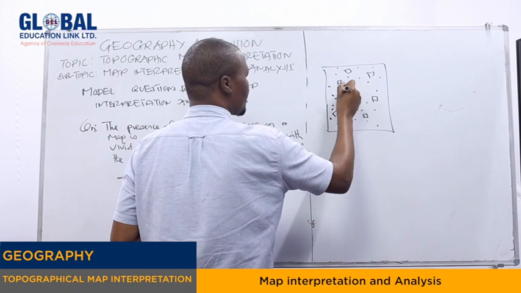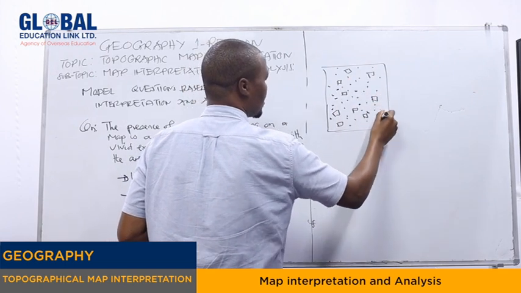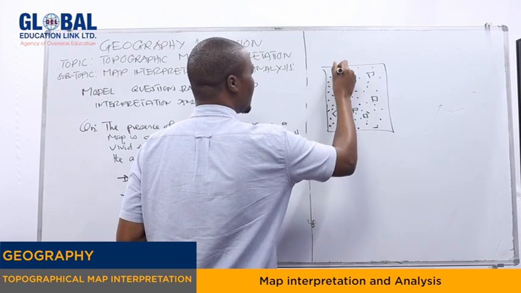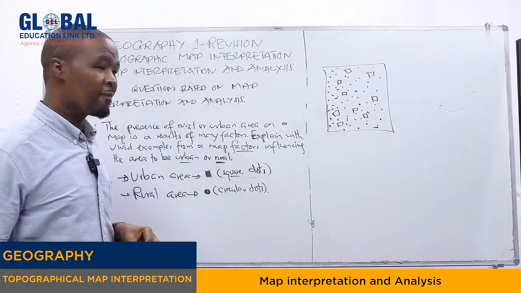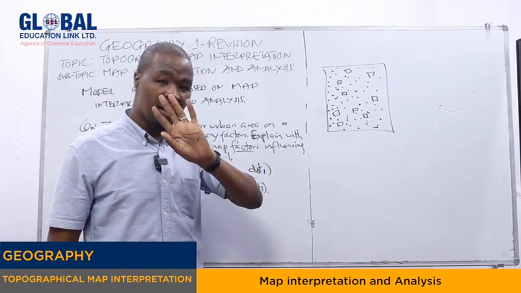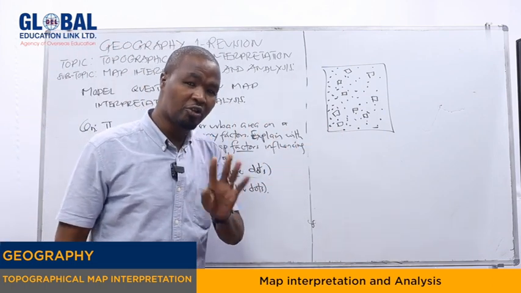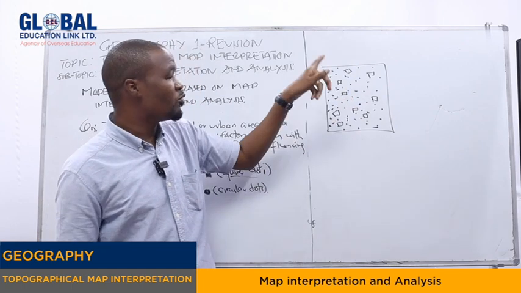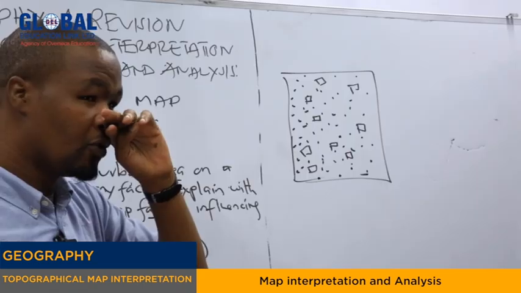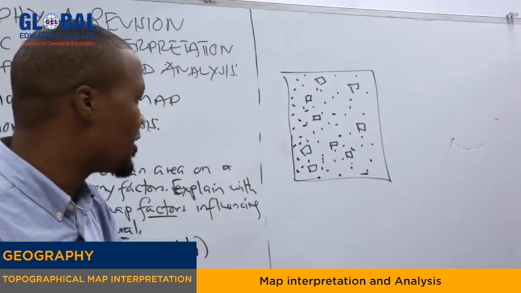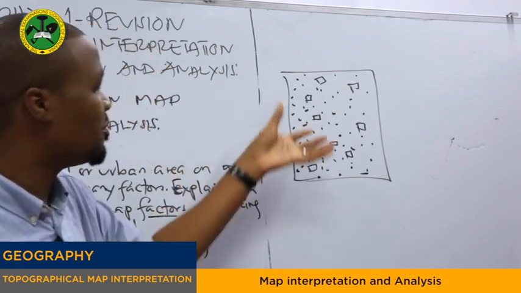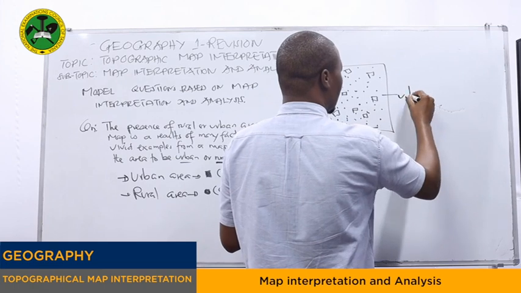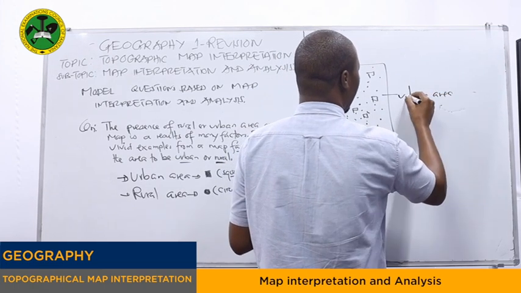If we find them arranged in different parts of the map, automatically the area is an urban area. Why? Because if the area has only small circular dots, it means the area is rural. But if they are mixed with square dots, not only circular, it means the area is urban. So this is an urban area.